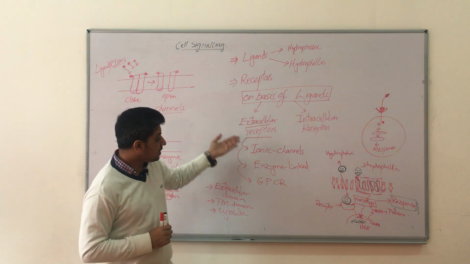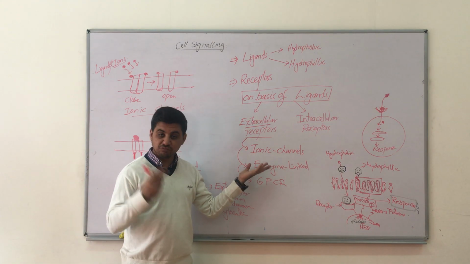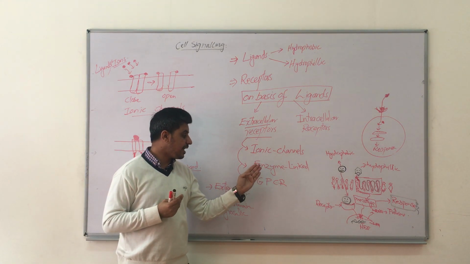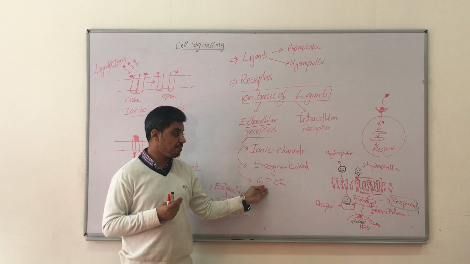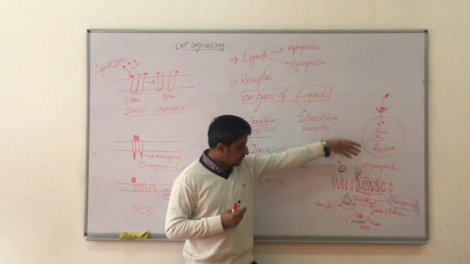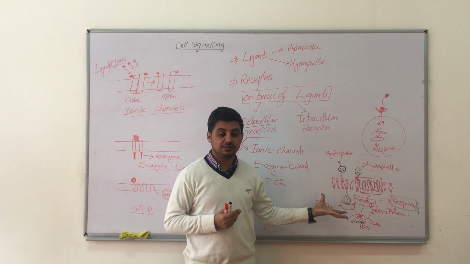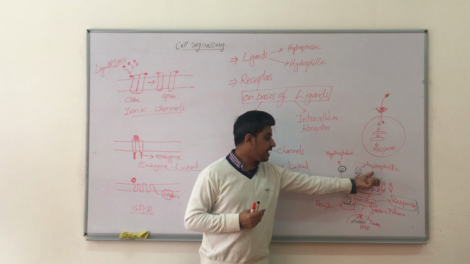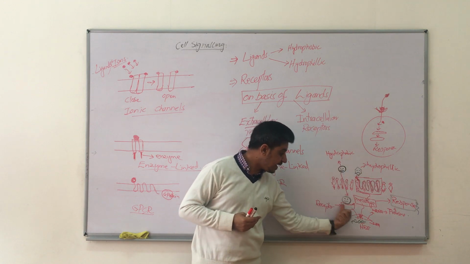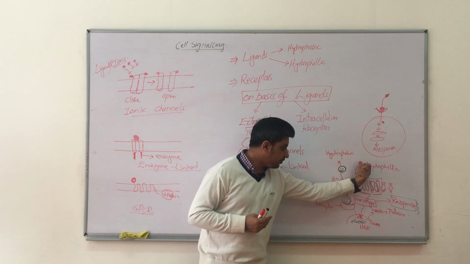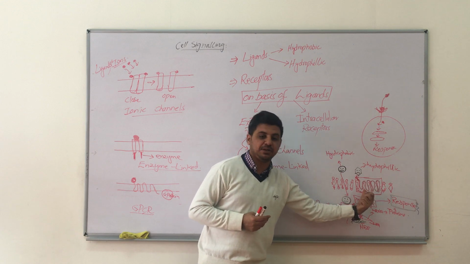And I have told you about the ionic channels. These are 3 types of receptors: ionic channels, enzyme-linked receptors, and G protein coupled receptors. And this is the general mechanism: hydrophobic ligands directly enter the cell, and hydrophilic ligands act through surface receptors.